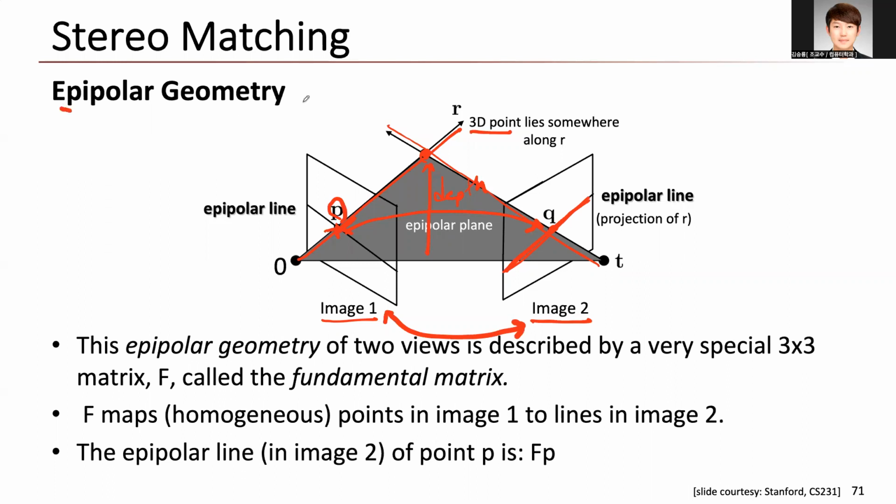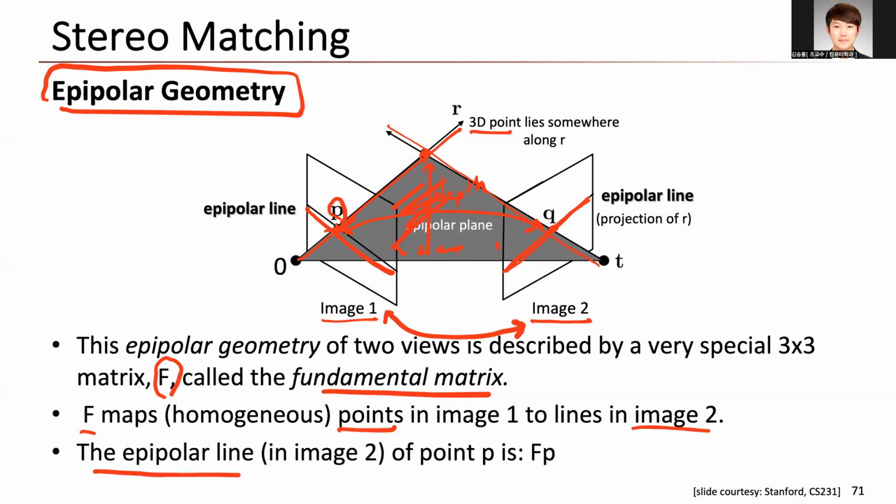So this is the epipolar geometry. This plane is called the epipolar plane, and this line is the epipolar line. The epipolar geometry of a two-view setup is described by a very special 3x3 matrix, which is called the fundamental matrix. F maps a homogeneous point in the image to a line in image 2.